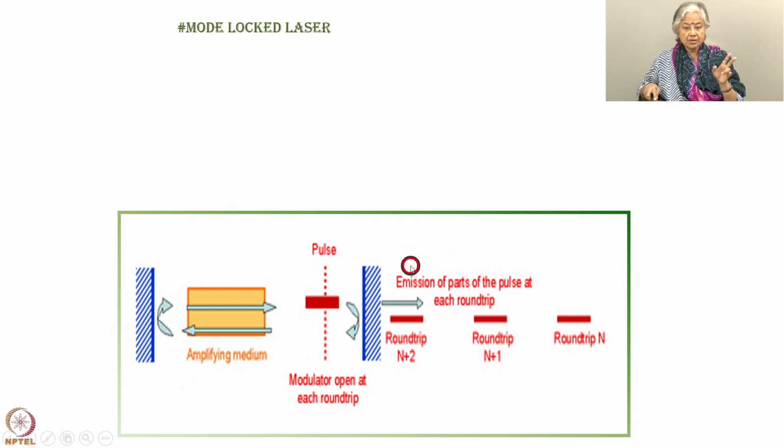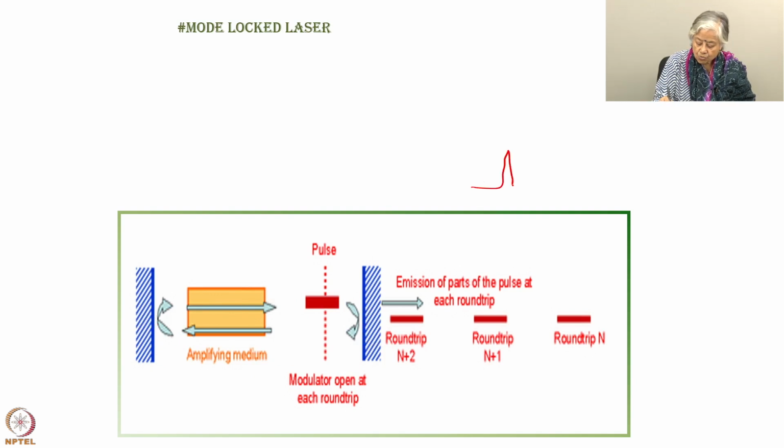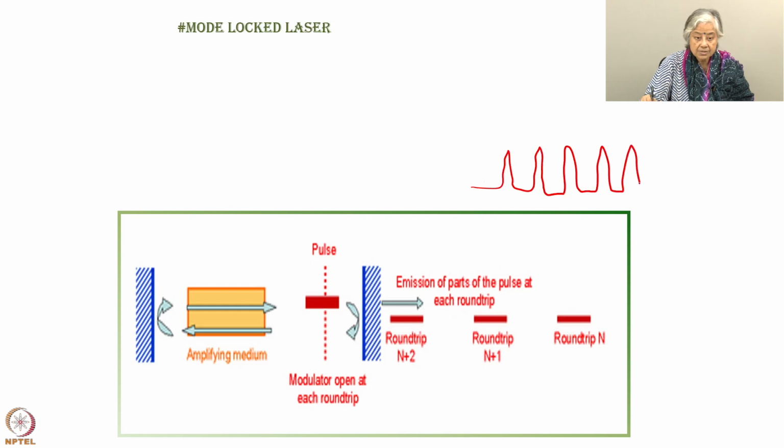So, with each round trip, you have described a time distance between the two pulses. This is constant, this round trip is constant. At every round trip you are getting one pulse, second round trip you have another, third round trip you have another pulse. So, it has a repetition rate which is regular, and the spacing between the pulses also becomes regular. Mode locked pulses are very, very regular like this, and this distance remains constant.